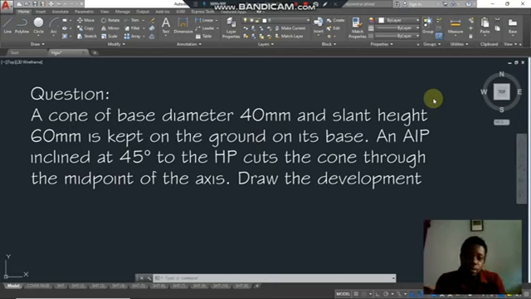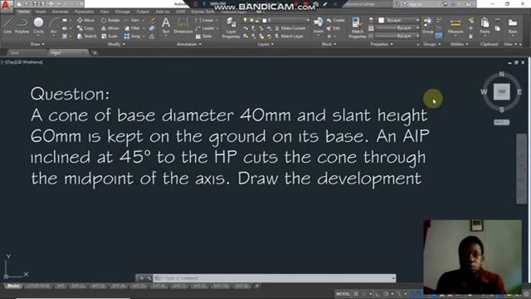Now, sometimes questions come like this without a diagram, and then from this you are expected to generate a diagram before going to the development. And that is why I ask you to study different geometrical solids. It will help and enable you to generate a diagram for questions like this.